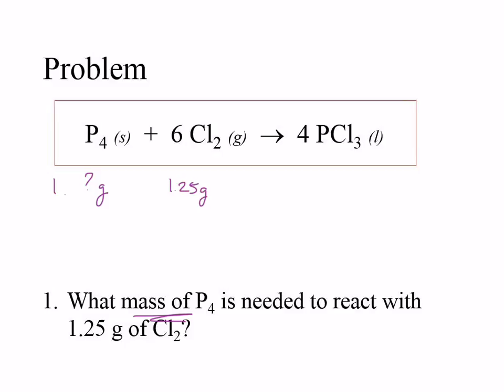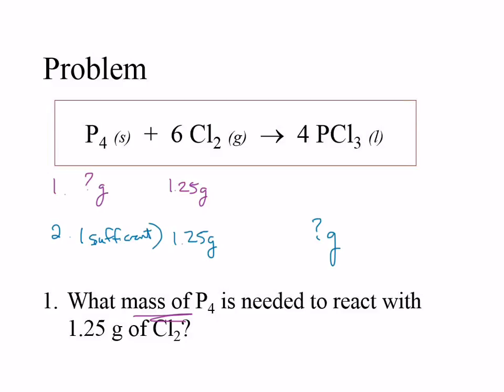And you probably already have the second one, and the second one goes something like this. What mass, question mark, grams of PCl3 will form with 1.25 grams of Cl2 and a sufficient amount of P4?